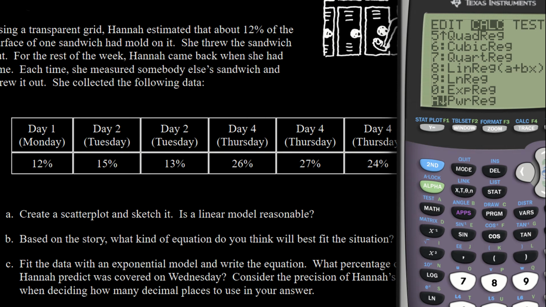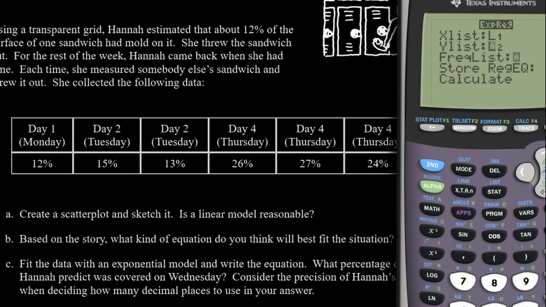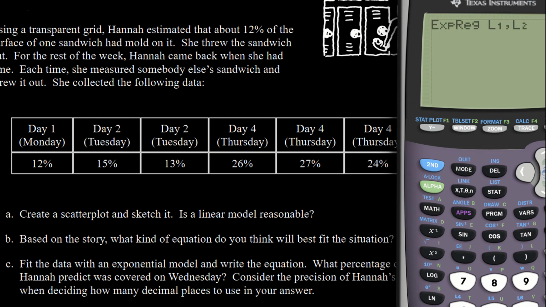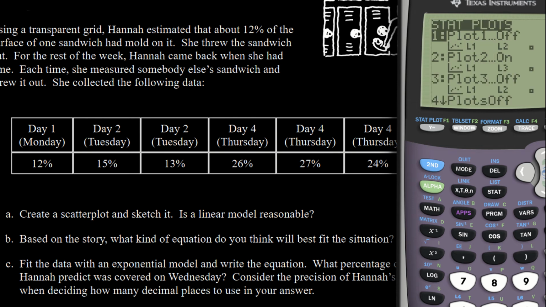I either want to do a power regression or an EXP sounds good. Let me try this one. So there we go. Oh, it did give me a y equals a times b to the x power. Okay, that's sweet. So let's go back into our stats plot now.